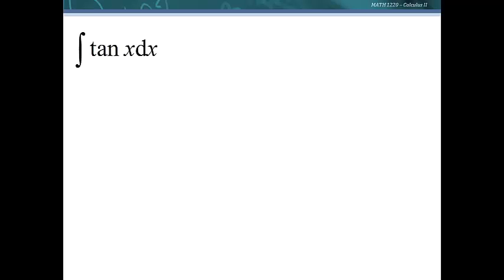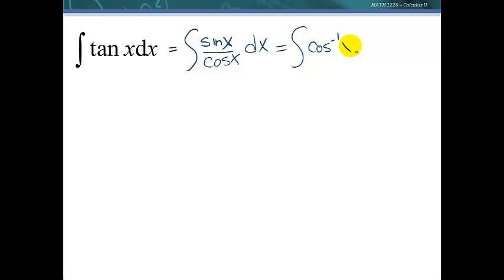Now let's consider if we had the integral of tangent x dx. We could express tangent in terms of sines and cosines. So tangent is sine x over cosine x, and then we have dx. And we could express this as cosine to the negative 1 x sine x dx, and then we can see that a u substitution would work.